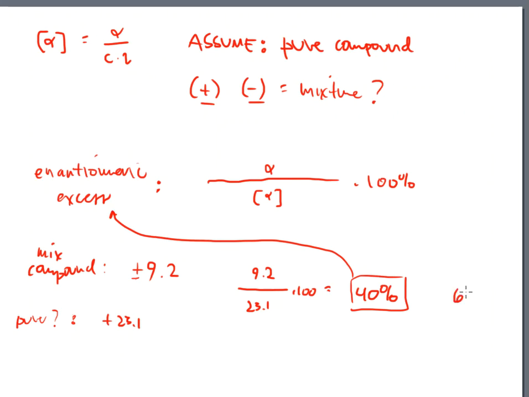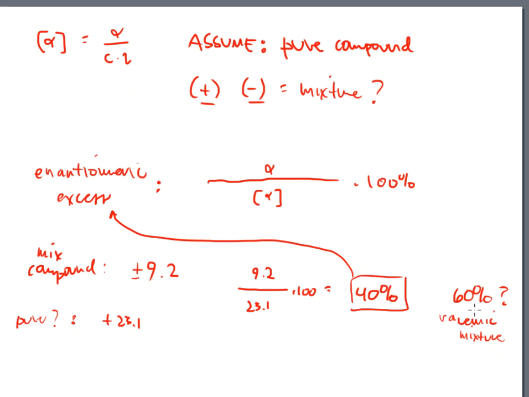Okay, well, what's the other 60%? This is where the trick happens. The other 60%, this is a racemic mixture. We've talked about the word racemate. We've talked about the word racemic. A racemic mixture is a mixture that's basically split down the middle.